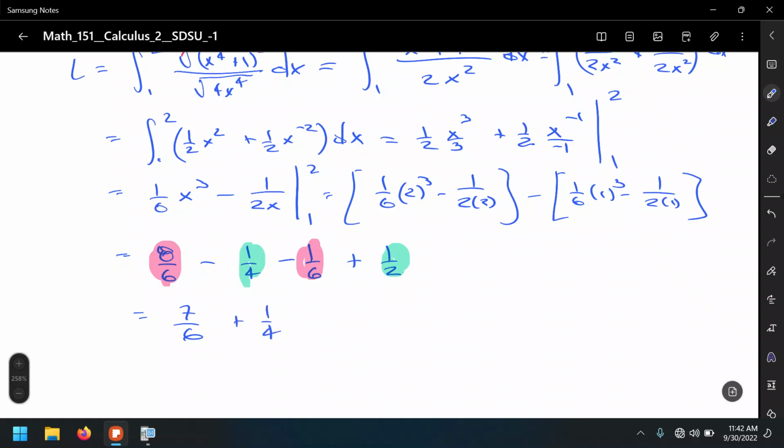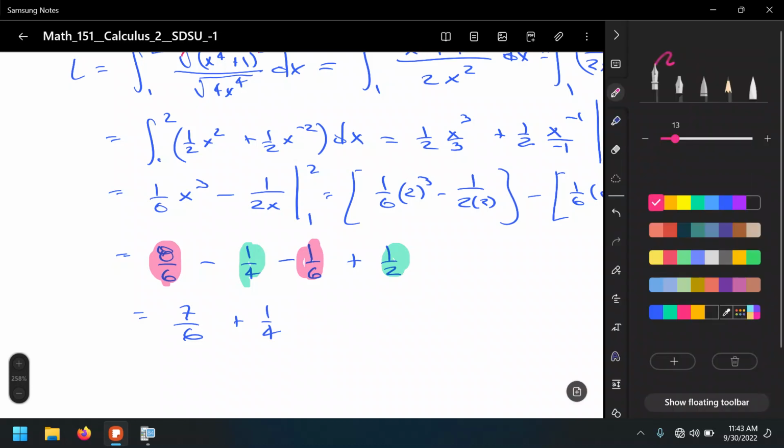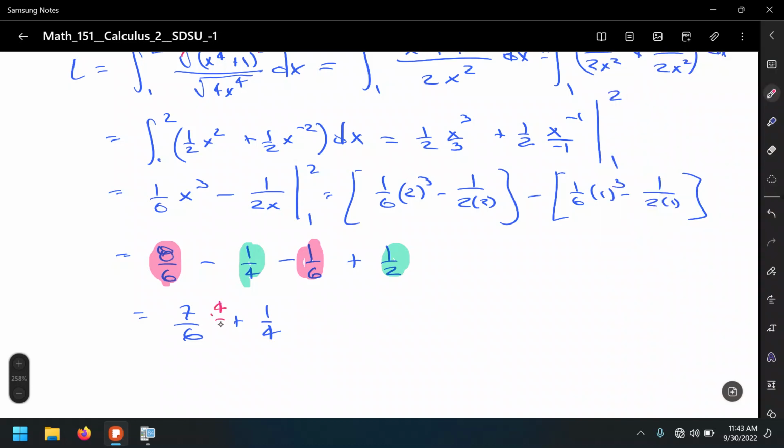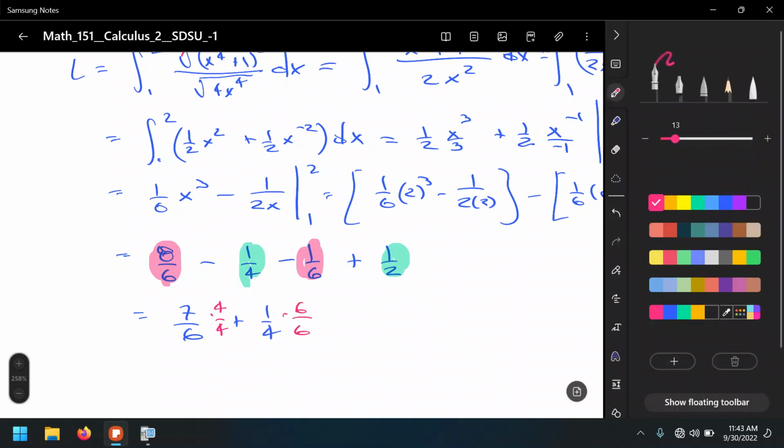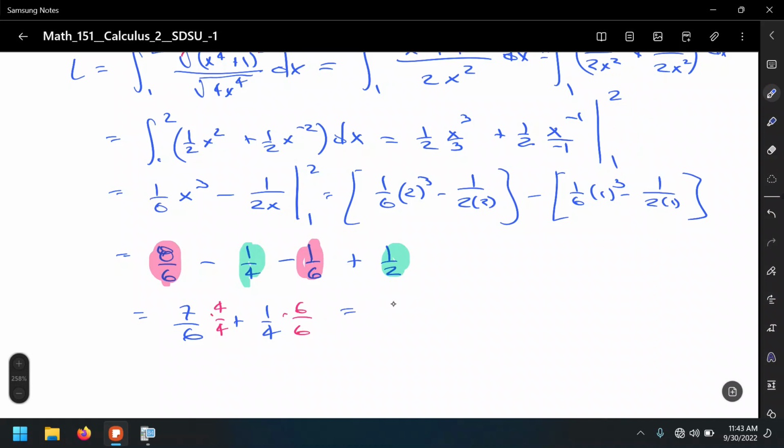To combine these fractions, I'm going to multiply by 4 divide by 4, and multiply by 6 divide by 6. That's 28 plus 6 divided by 24. And 28 plus 6, isn't that 32? No, 34. 34 over 24. Both numbers here are even, which means they can be divided by 2. That's 17 over 12, and that's the final answer.